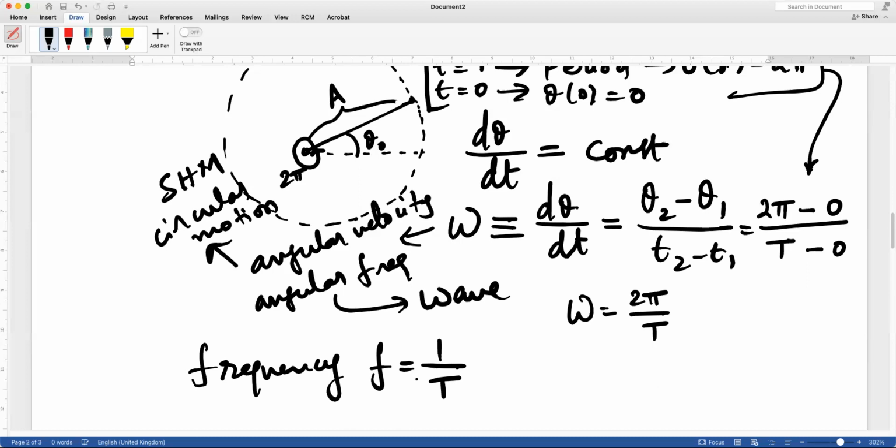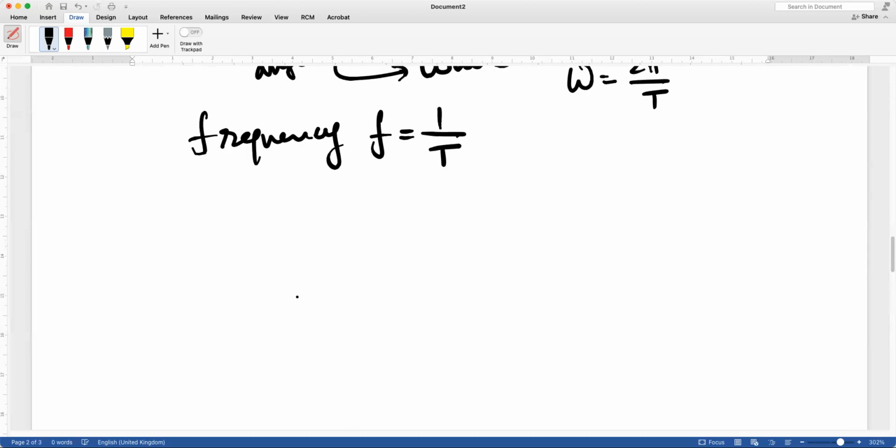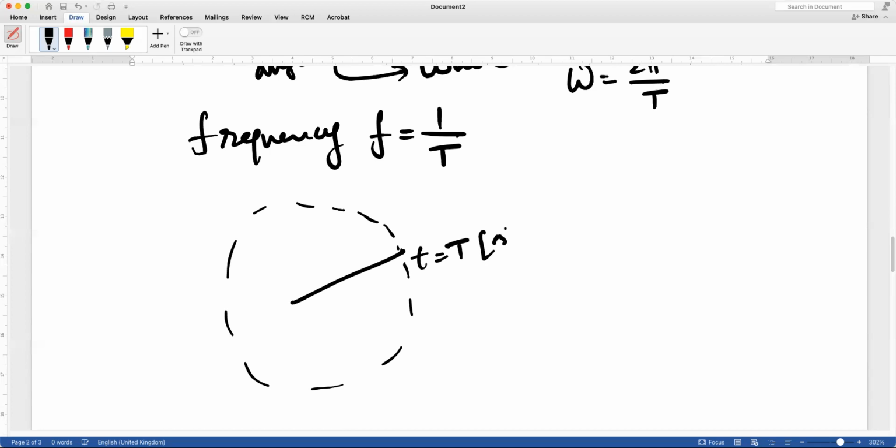Let me put it like this: let's say it completes 1 cycle in t equal to capital T seconds. So we are saying that in T seconds, we complete 1 cycle.